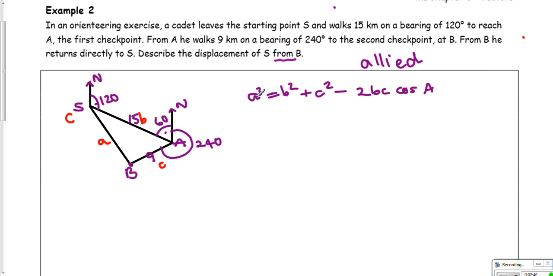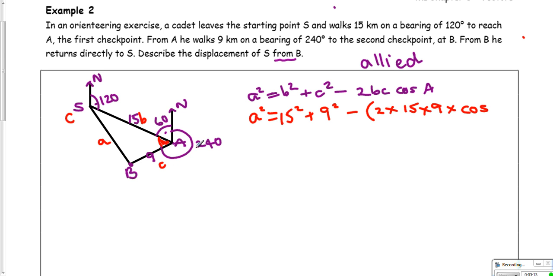Okay, so a we don't know, that's what we want to know. b is 15, 15 squared. c is 9, so that's 9 squared. And then this is all one term, remember, 2 times 15 times 9 times cos of, now A, for the purposes of this triangle, is that part there.